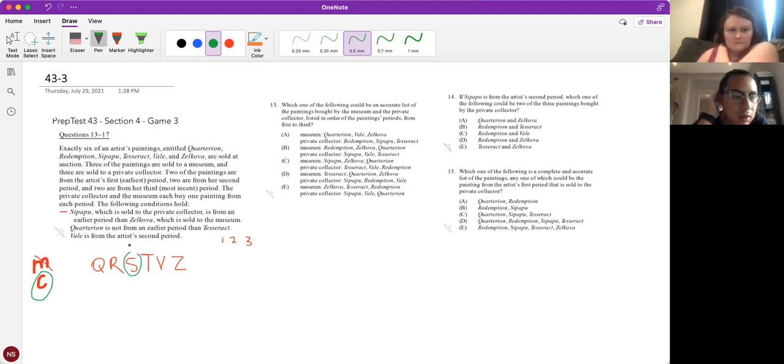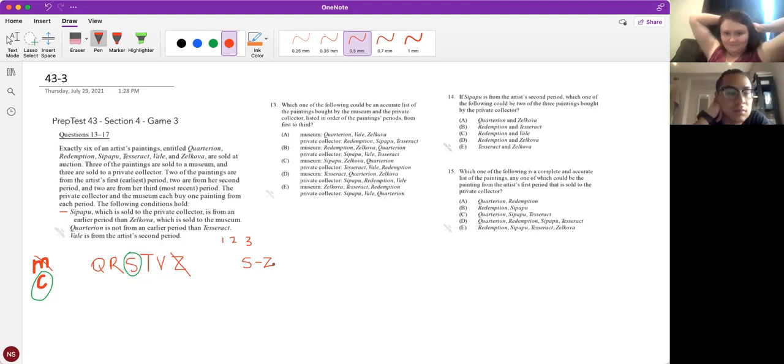Cool. And Z is sold to a museum. But then there's something else in here that's important. And what's that? What period they're from? Yes. So S is going to come before Z, right? Yep. So practicing inferences, what period do we know Z is not from?